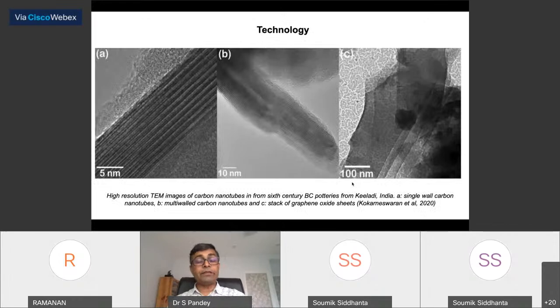Now, this is a very recent study, and Brahman shared it with me quite some time ago. These are 6th century BC potteries from Tamil Nadu which were investigated, and the black coating inside the vessels was fired in such a way that it formed nanotubes, making it a very strong material. It is not necessary that in the 6th century BC they knew the science of nanotechnology.